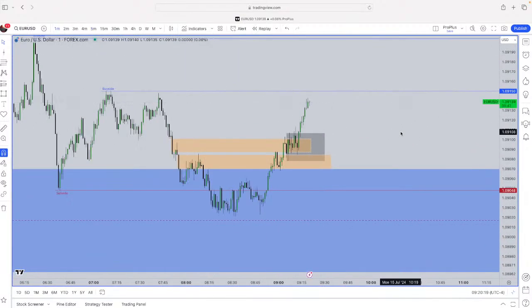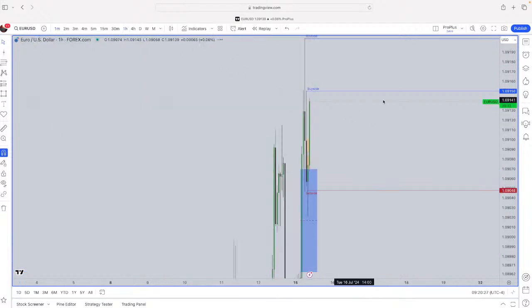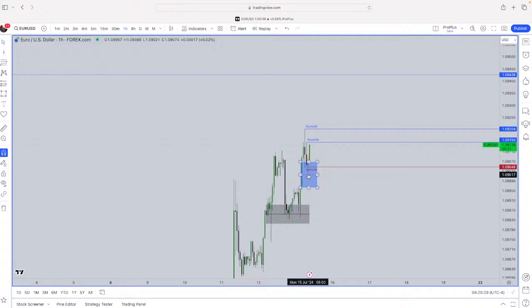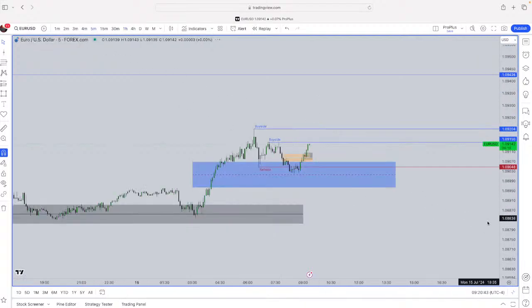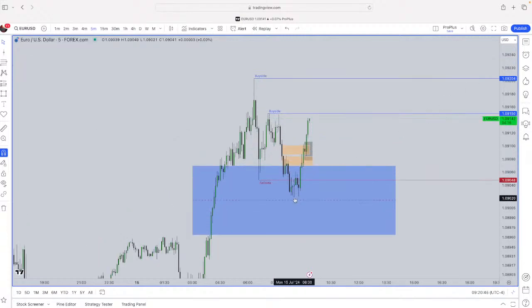But yeah, did you see how I was neutral on my position? I didn't care where price was going until I saw the hourly BISI respect there. And then I had more reasons. I had that sell side there, I had the 4 hour bullish order block, and the BISI. Then I knew that price wanted to go that way. So I was patient until then, and from that point I knew we're going to start running higher.